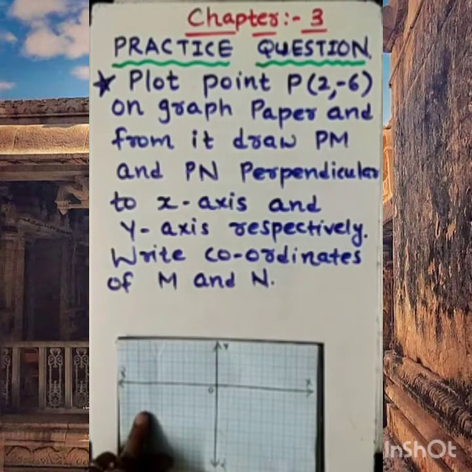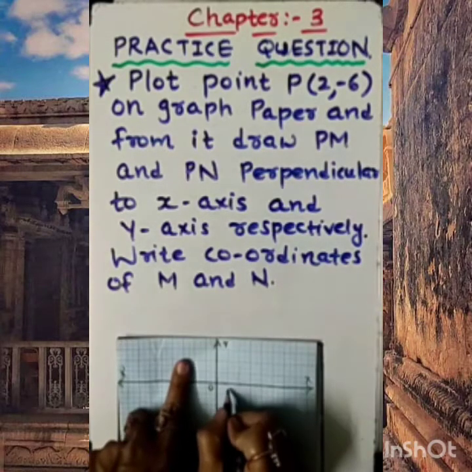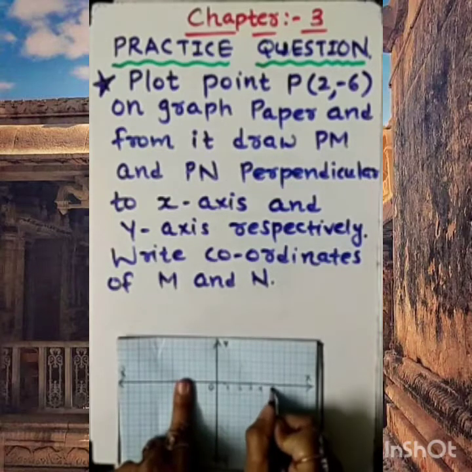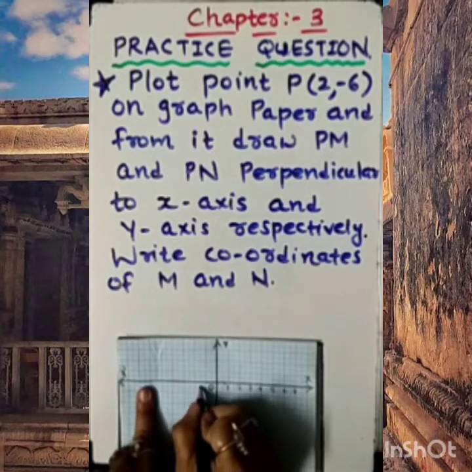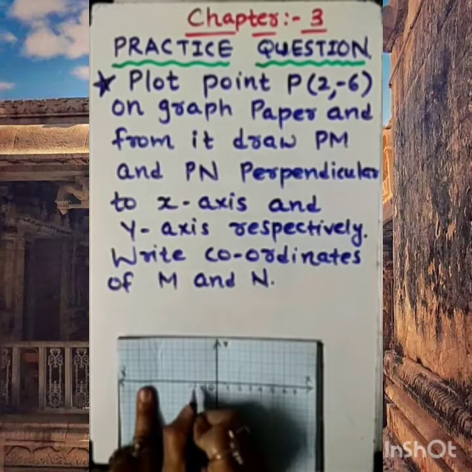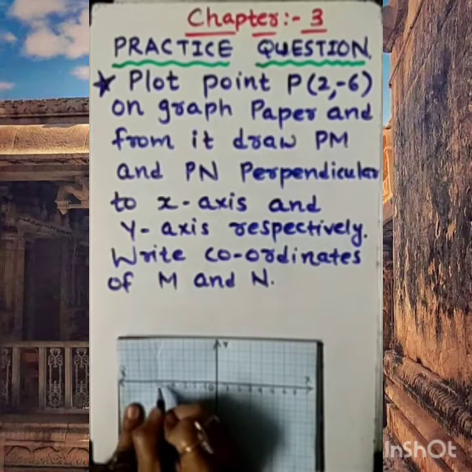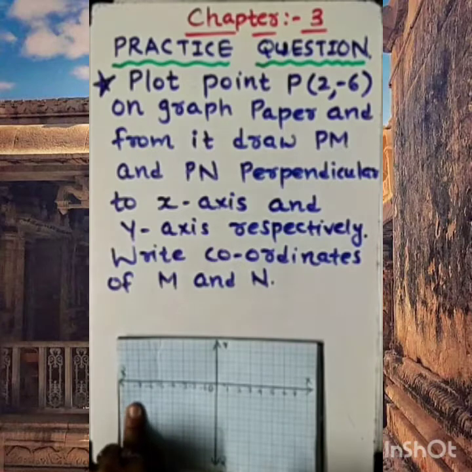Now we need to locate first P point. Where to locate P point? For that, we need to mention the numbering. Okay, we need to mention the numbering. Here it will be 1, 2, 3, 4, 5, 6, 7. This side -1, -2, -3, -4, -5, -6, -7.